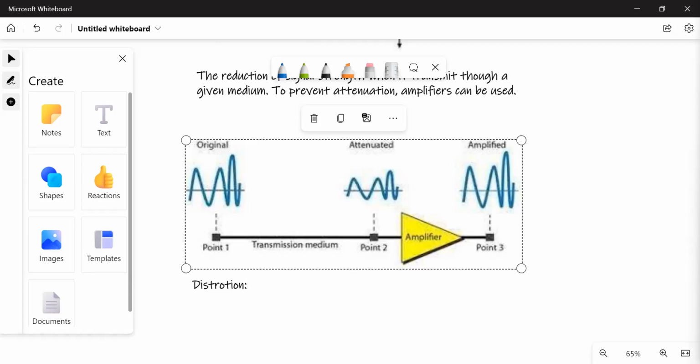For example, if you have original signals, when you change, the shape will be different, right? Due to various reasons. There are multiple reasons this could happen. So the distortion is the shape will be different.